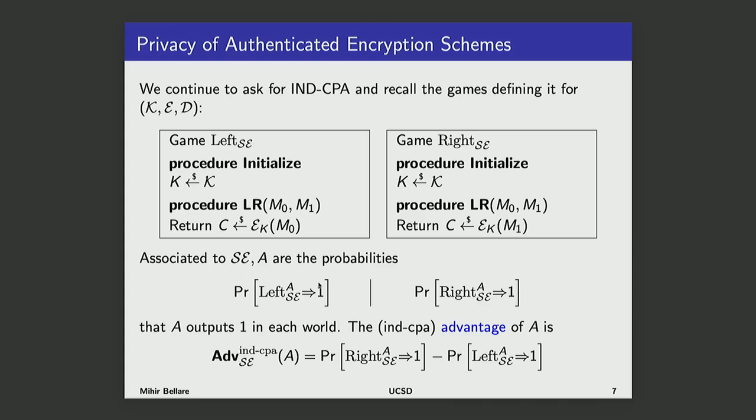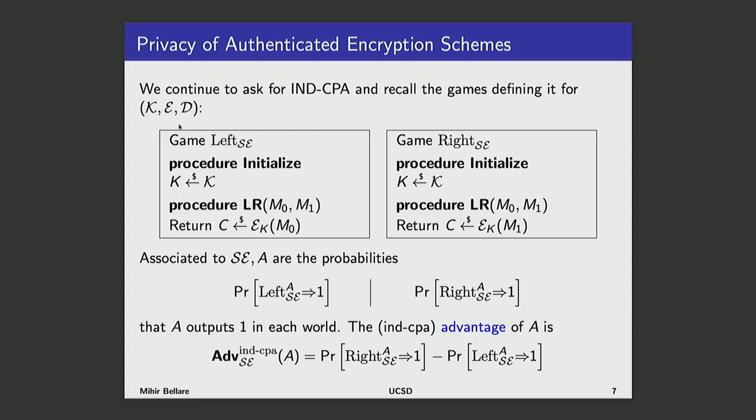So here I'm just recalling the privacy attributes. So nothing new here, but since we haven't seen it for a while, remember that IND-CPA gives you these 2 games, left and right, and they have the same interface for the adversary, meaning they export an oracle called left or right, and the adversary calls on 2 equal length messages, and the only difference between the games is here the left one is encrypted, here the right one.